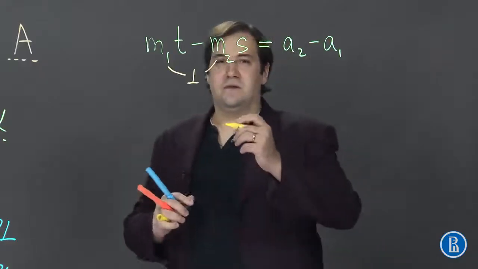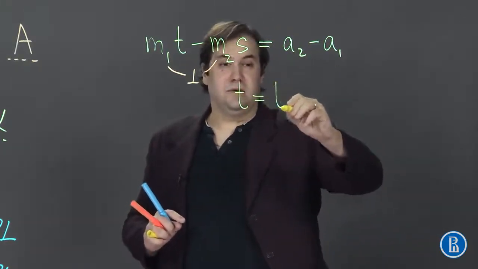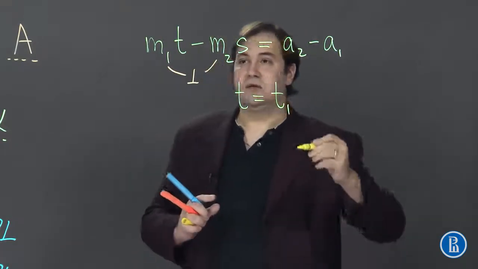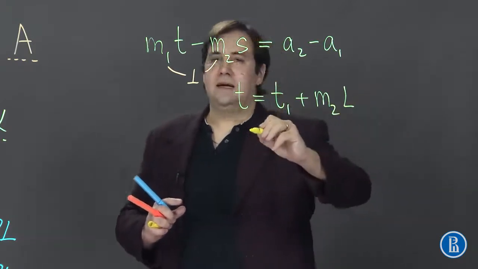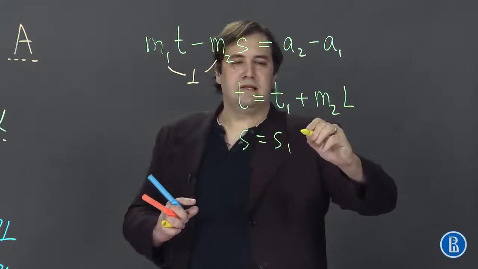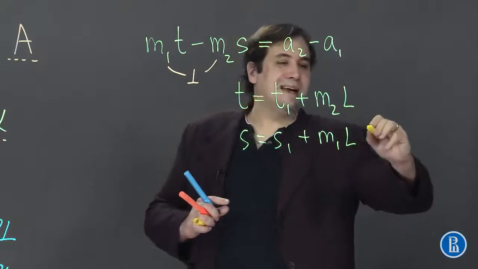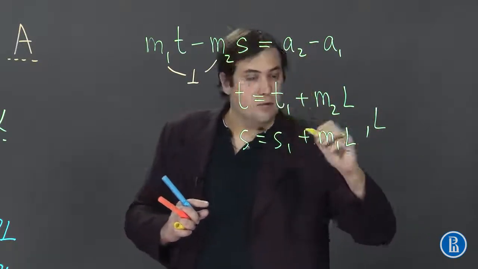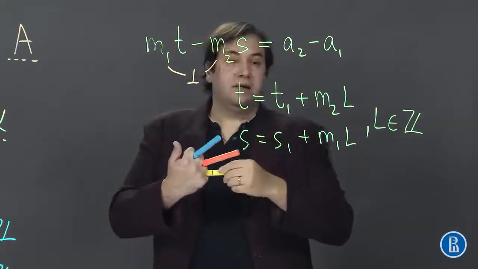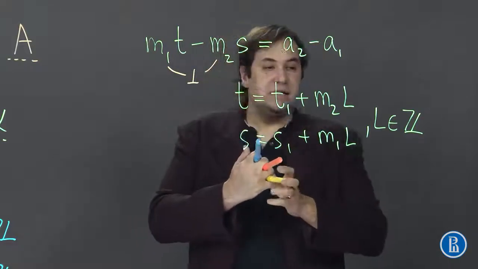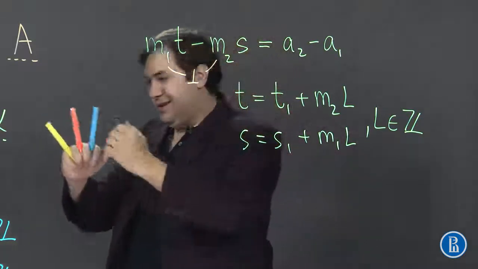The solution of this equation is given by the formula t equal to t1, a particular solution, plus m2 l, and s equal to s1 plus m1 l, where l is just an arbitrary, and this is important, arbitrary integer. So we can use any of these in order to express x from the initial system.